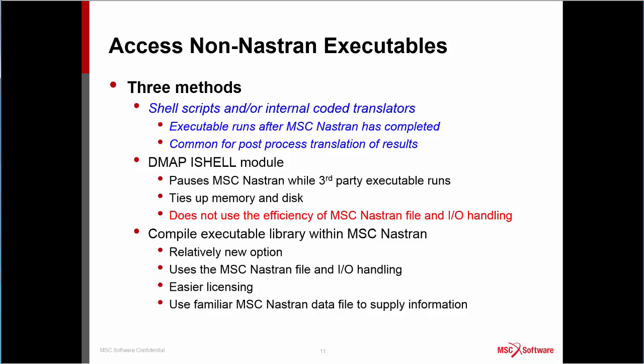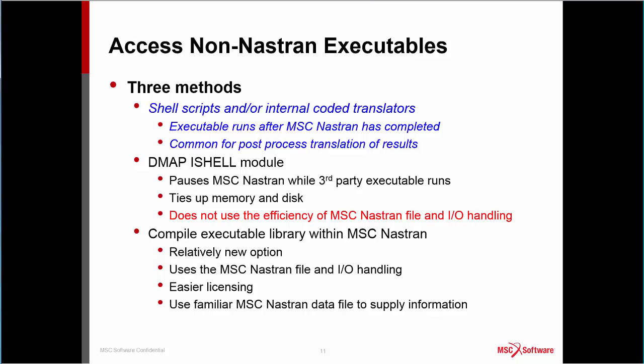The third way of doing this, and this has been a little more recent with some changes in the Nastran file management that we have, is compiling the executable library right within Nastran. This is relatively new, but the advantage here is that you're using the MSC Nastran file and I/O handling capabilities.